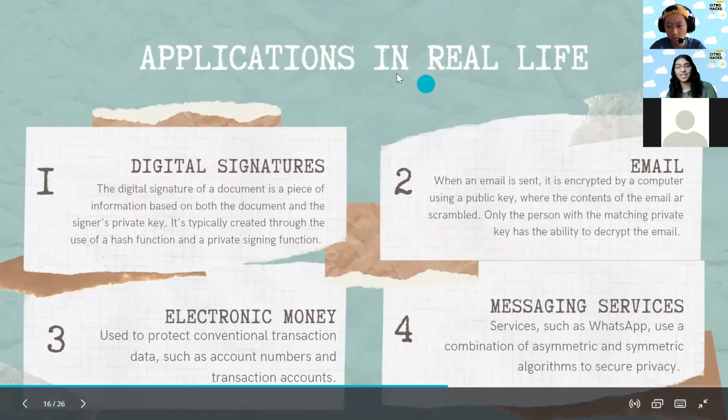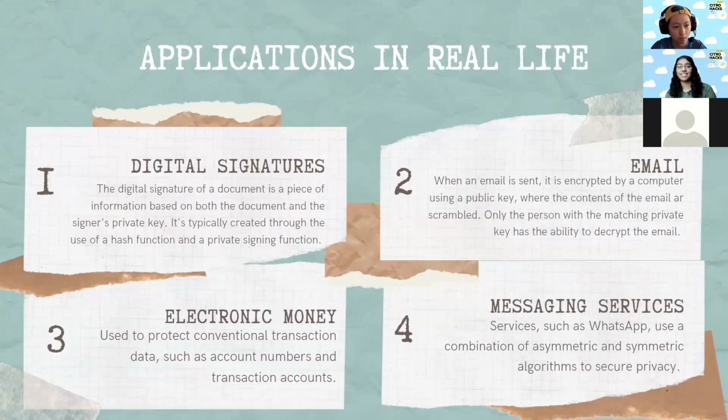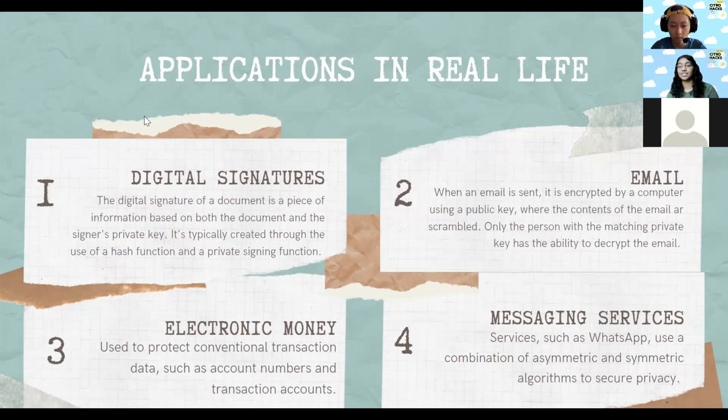All right, so applications in real life. There are countless applications of cybersecurity and cryptography in real life, and you all just mentioned a few with Bitcoin. One of the most important parts is digital signatures, especially now with top companies such as DocuSign and DocHub. Digital signatures are a big part of trust companies and banks.